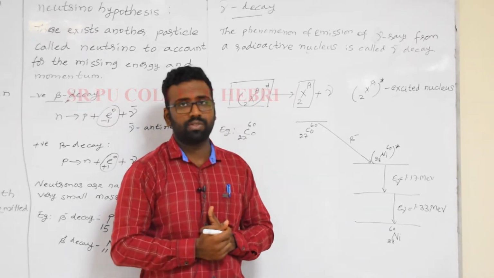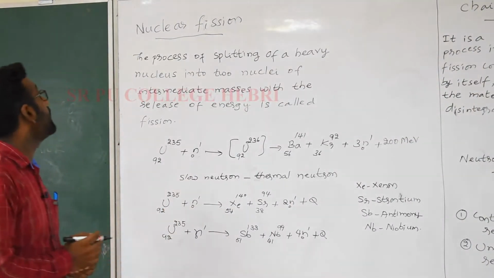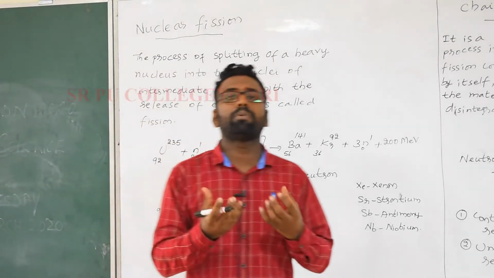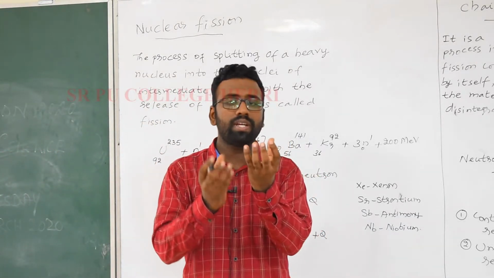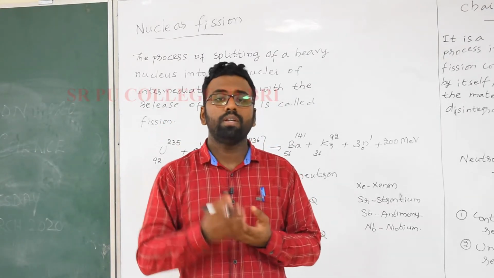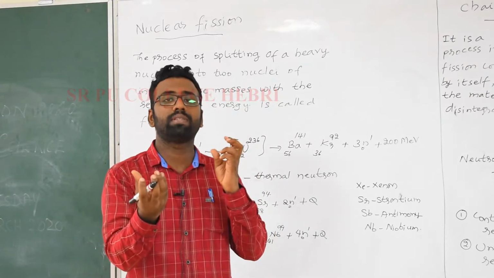Okay, so these are the three types of radioactive decay processes. Okay students, next we are going to see about nuclear fission. It has already been explained that fission is a process in which a heavy nucleus splits into two lighter nuclei. You can take the example of an apple and break it into two pieces.